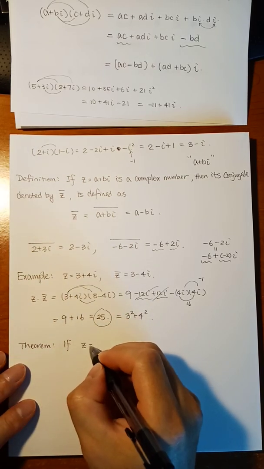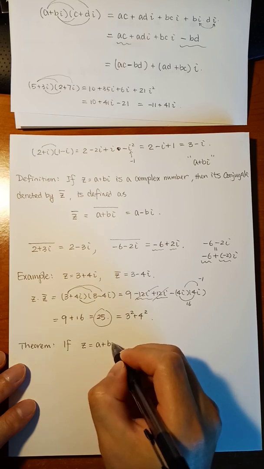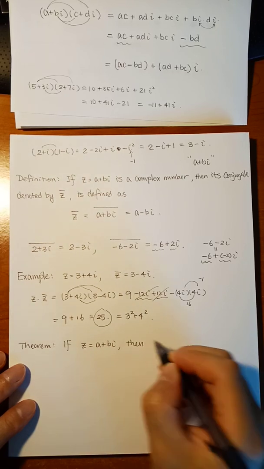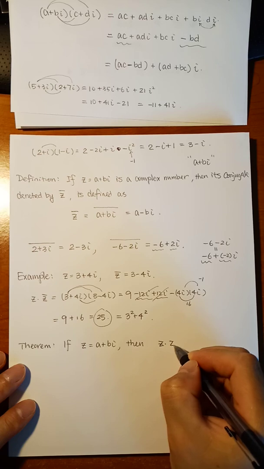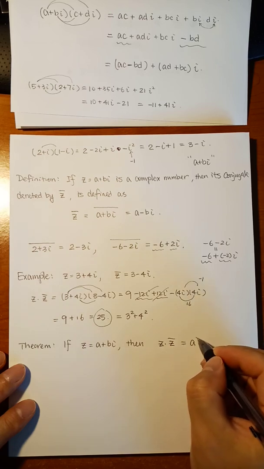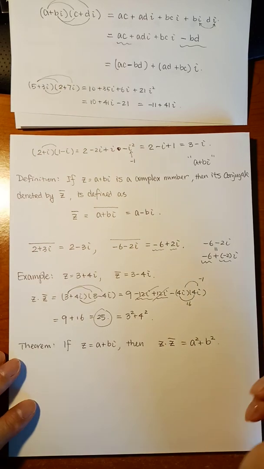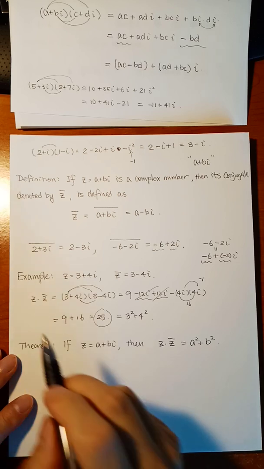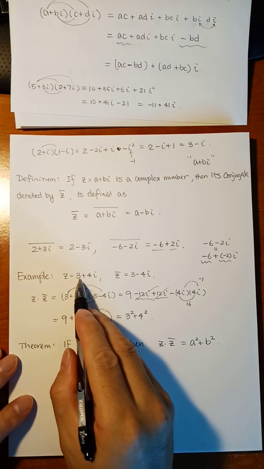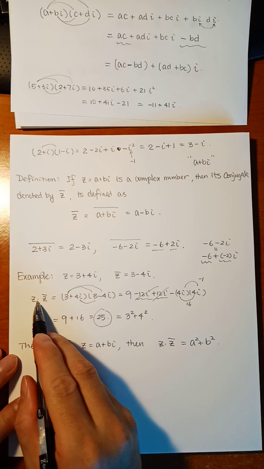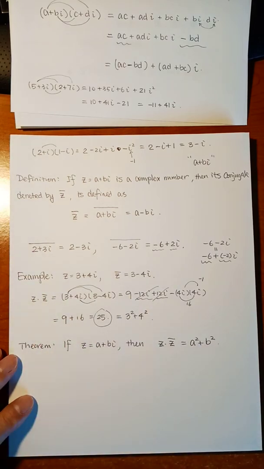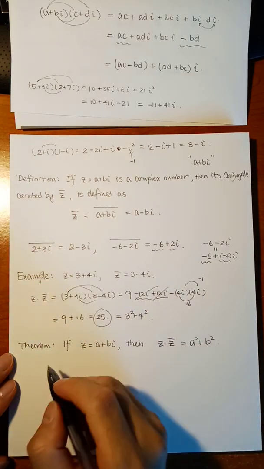So this gave us evidence about the following theorem. If z is equal to a plus bi, then z times its conjugate is equal to a squared plus b squared. Well, let's try it.